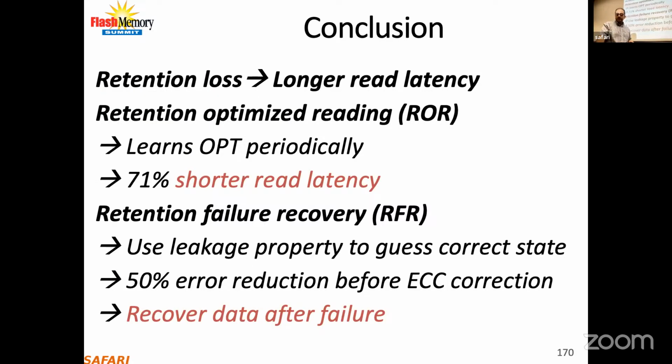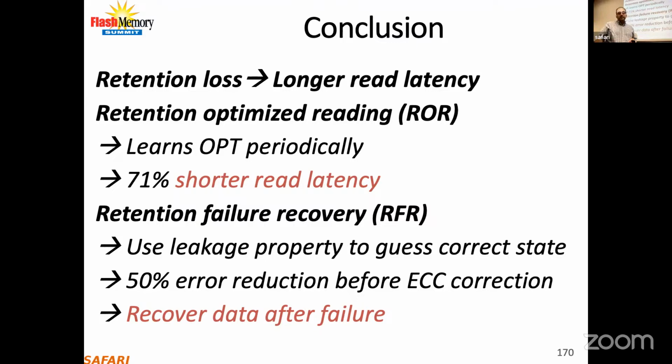As a conclusion for this technique, we have retention loss, which provides longer read latency, as well as other issues like robustness and reliability of your system. We propose retention optimized reading, ROR, which learns OPT, the optimum reference voltage, predictively. With that, we can have 71% shorter read latency.